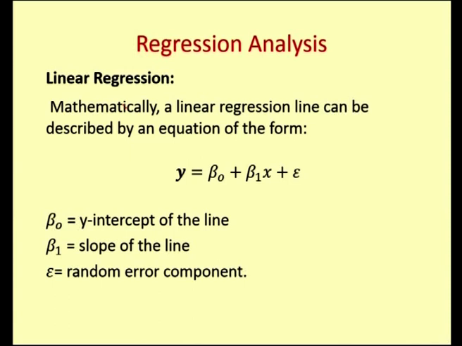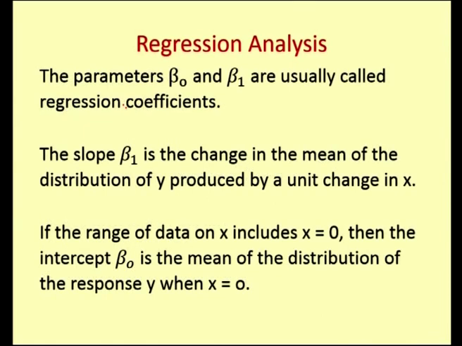Beta naught and beta 1 are constants and they are unknown. Here epsilon is assumed to follow a normal distribution with mean 0 and variance sigma e squared. The parameters beta naught and beta 1 are called regression coefficients.